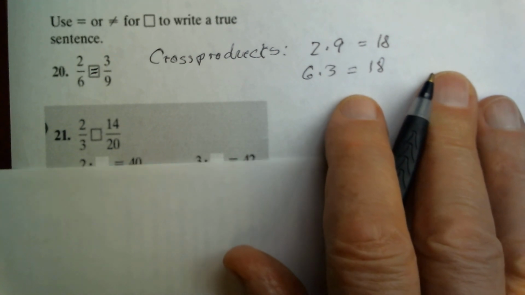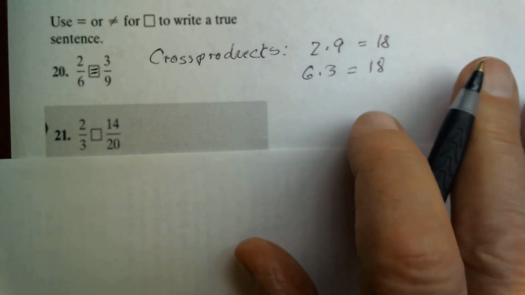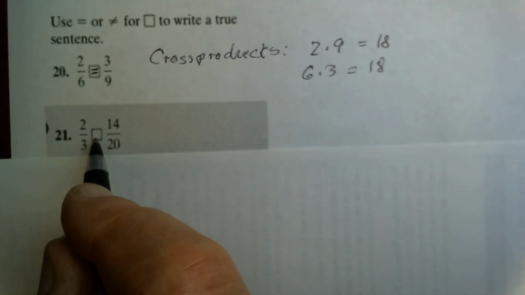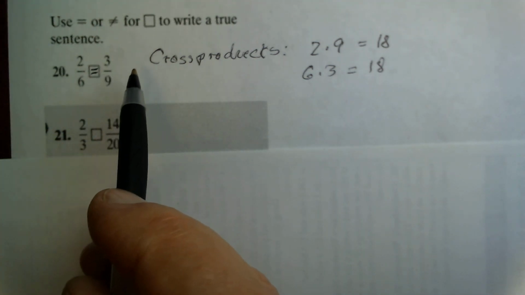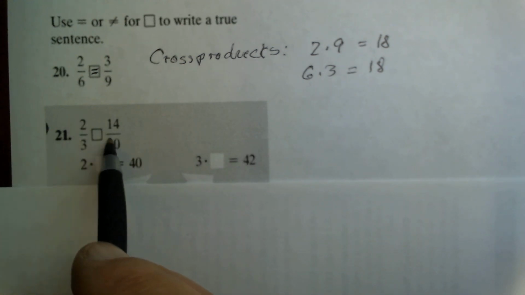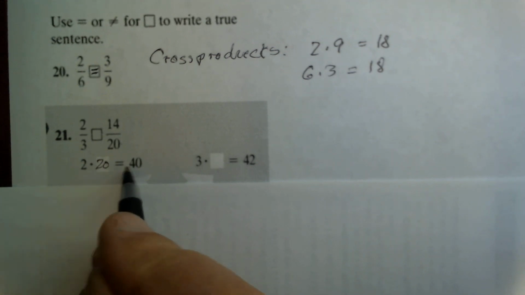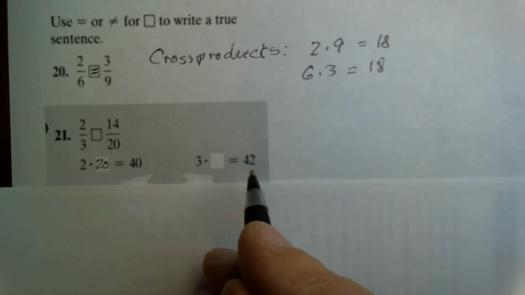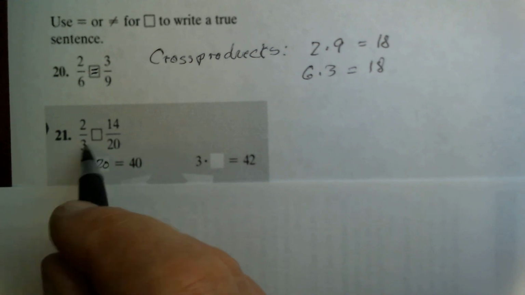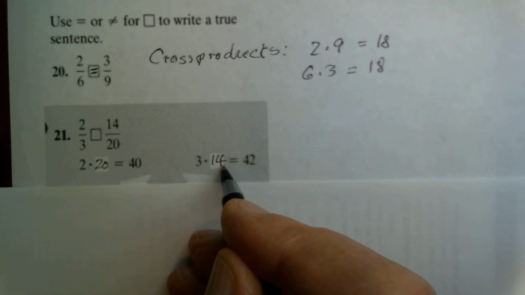Here's a guided solution. The same question comes up here. Do we put an equal or an equal with a slash, not equal to? So we form the cross product, 2 times 20, that's equal to 40. Then 3 times 14, that's the other cross product, that's equal to 42.